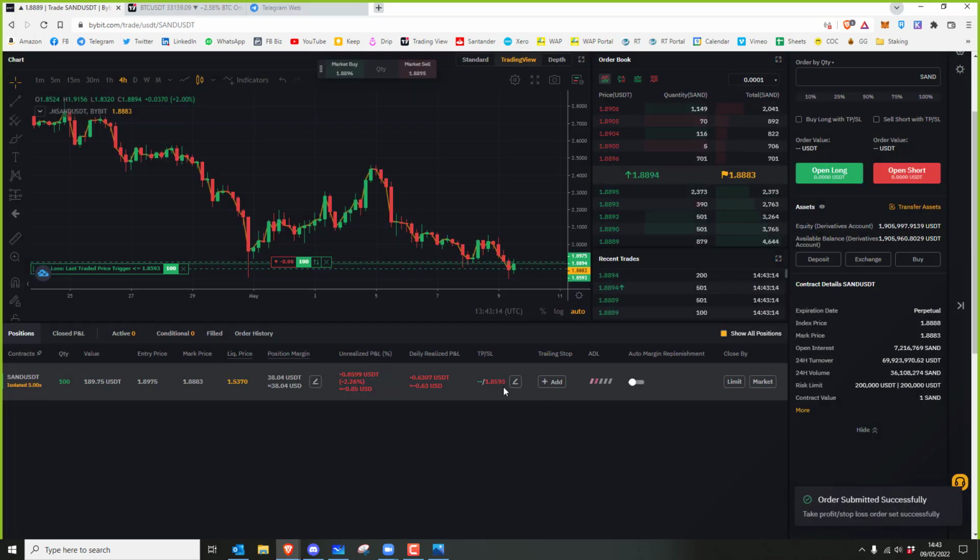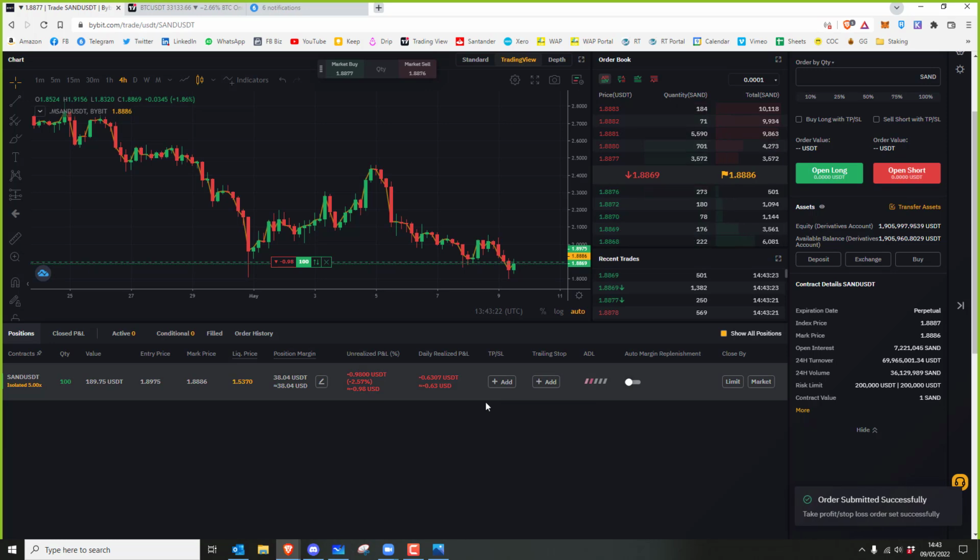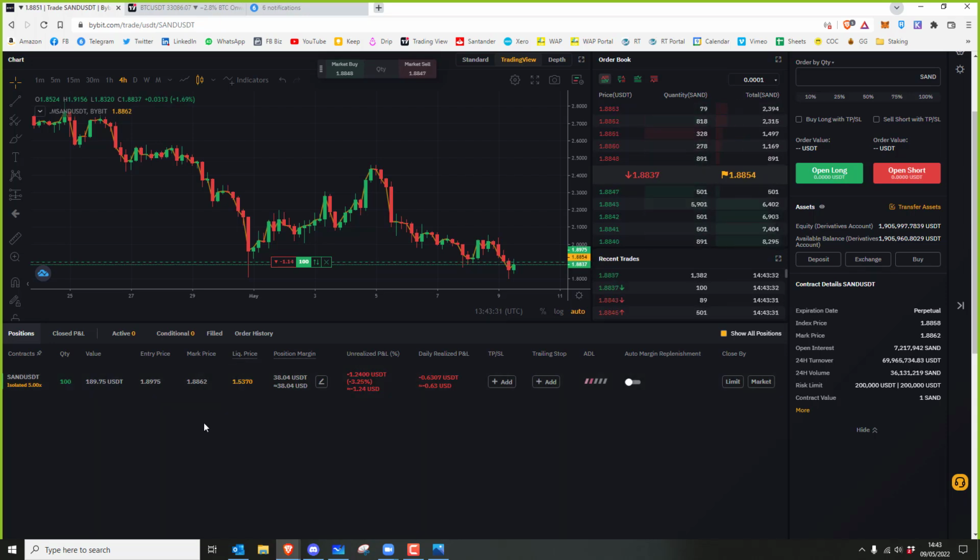So the stop loss is 1.85, but the liquidation price is where, if the price were to go down and you didn't have a stop, if the market price suddenly went down to 1.5370, you'd have what's called a margin call, and your account would just close the trade automatically, whether you have a stop loss or not.